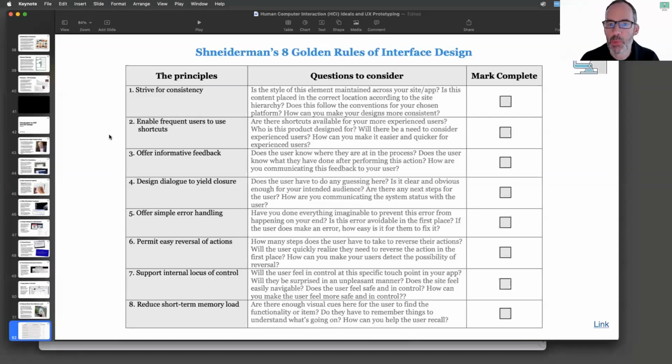Why do we bother with these rules or guiding principles for our interface design? Any ideas? Yeah, they are golden rules, but why?